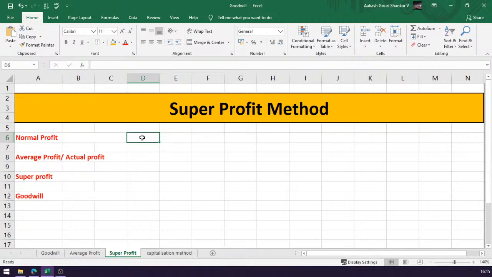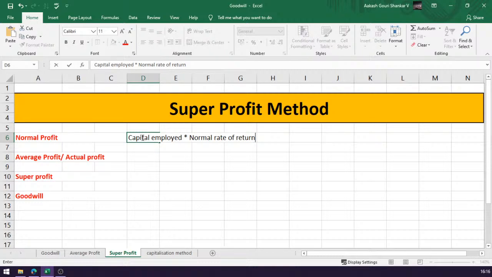So normal profit is equal to capital employed into normal rate of return.